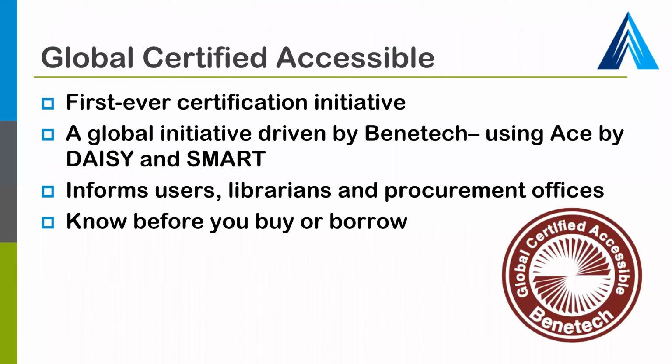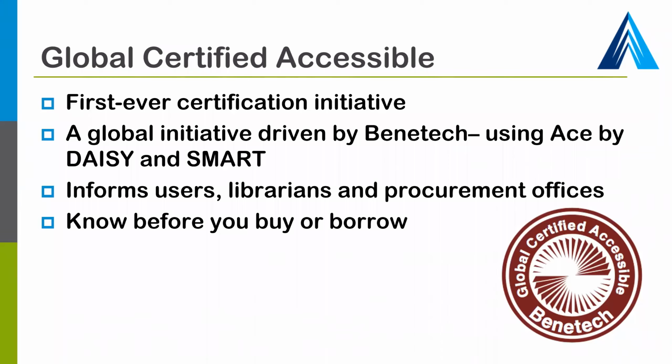So Global Certified Accessible is an initiative that is very interesting. Benetech in the United States is one of the driving forces around this global certification. It's the first certification initiative in digital publishing.